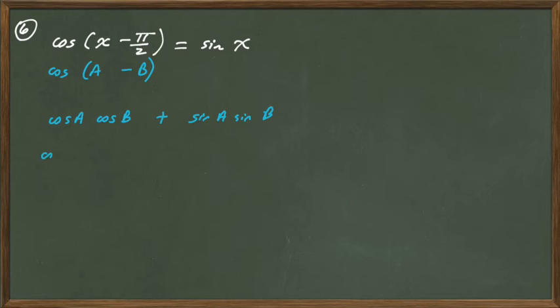This would be cosine cosine plus sine sine. And what's A? A is x. What's B? Pi over 2.